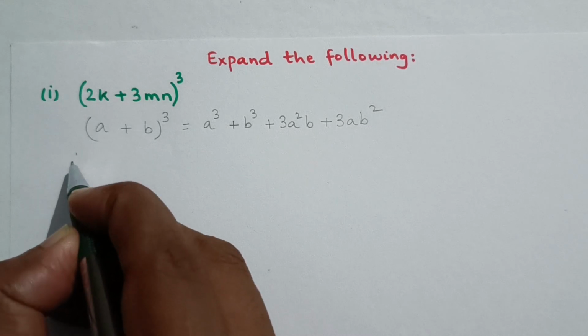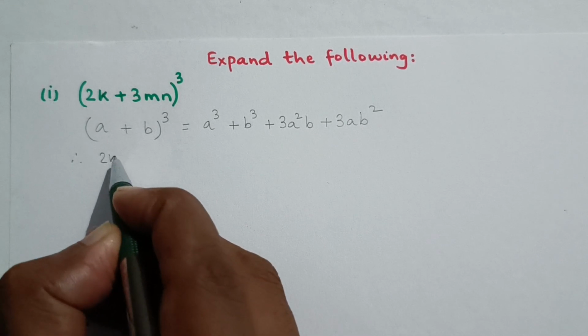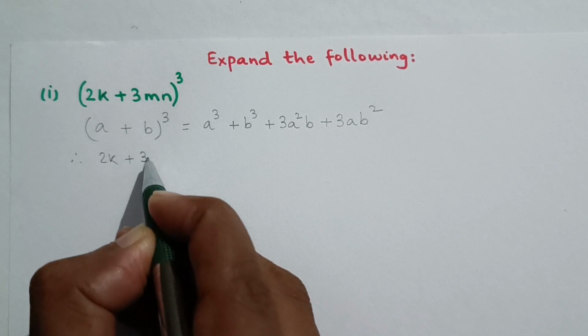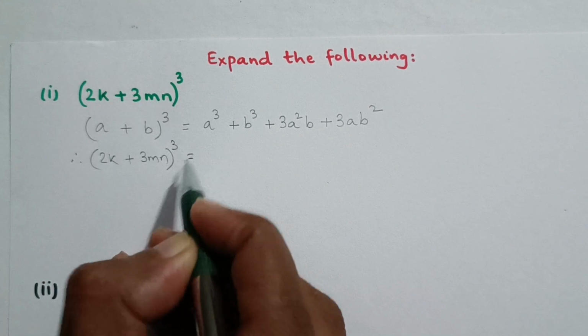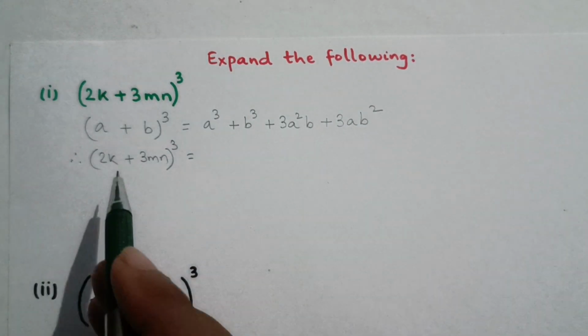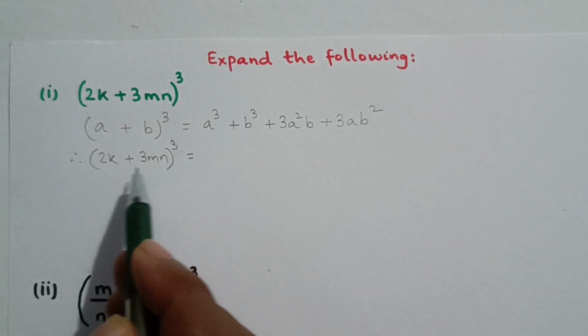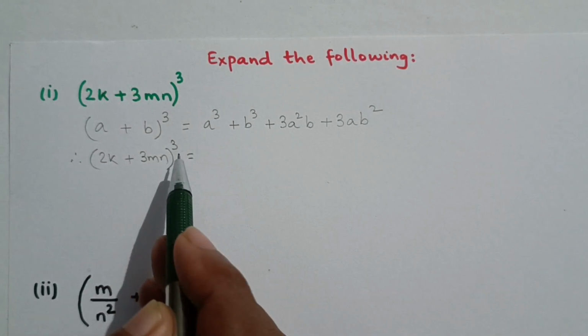So we have been given 2k plus 3mn whole cube. So we have to expand this given expression.